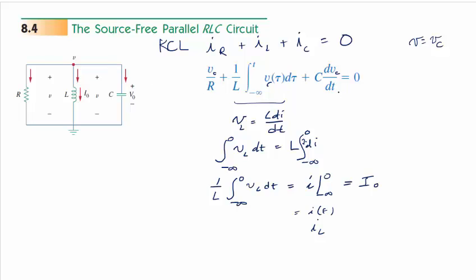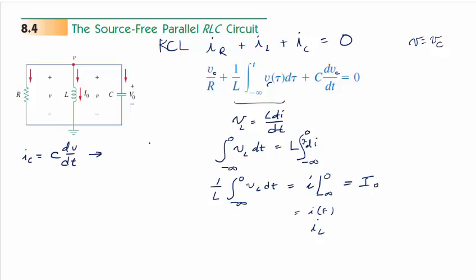So I don't know why the book didn't really summarize it for you, but a few things that you should keep in mind are pairs, integral and differential forms of things. We had I sub c equals C dv/dt.